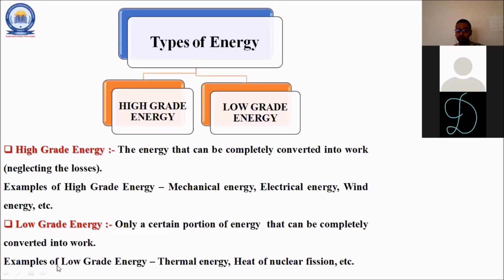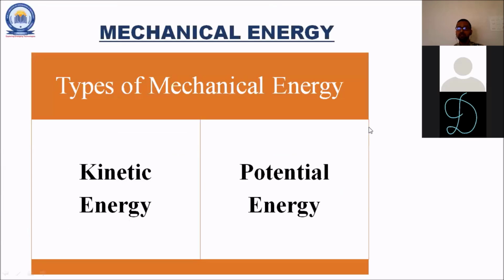Some examples of low grade energy are the thermal energy or heat energy of nuclear fission. So I hope you have understood the concept related to high grade energy and low grade energy. Very important, it can be asked in the theoretical examination. Moving further, we will understand only one type of energy, that is the mechanical energy.